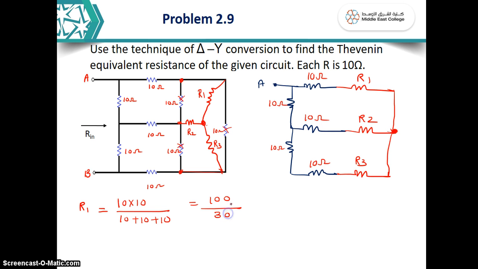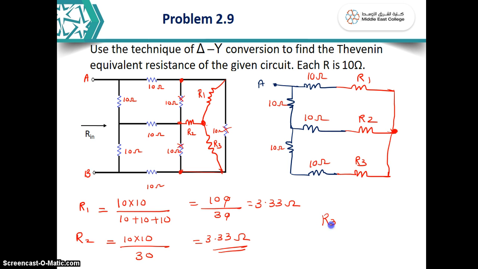You will get around 3.33 ohm. Now what's R2? Everything is the same. All are 10 ohm resistors. R2 means this 10 and this 10. So 10 into 10 over 30 ohm. So it comes up with the same answer, 3.33 ohm.